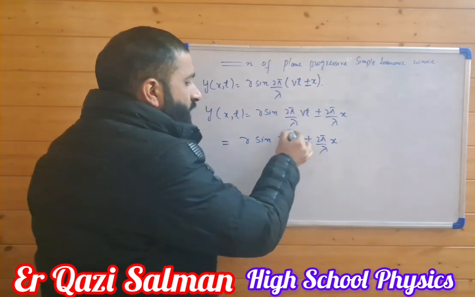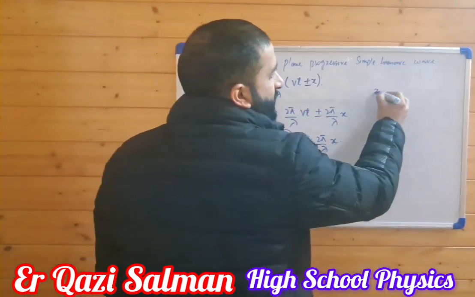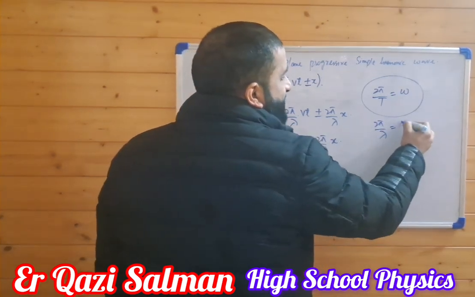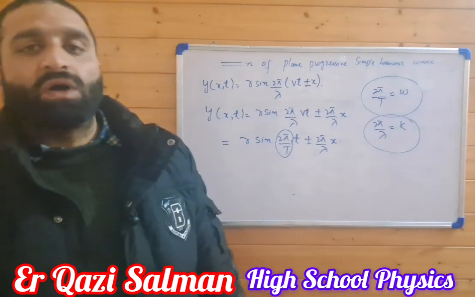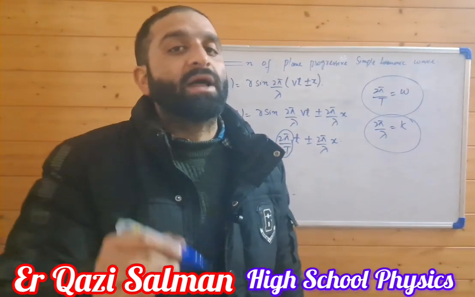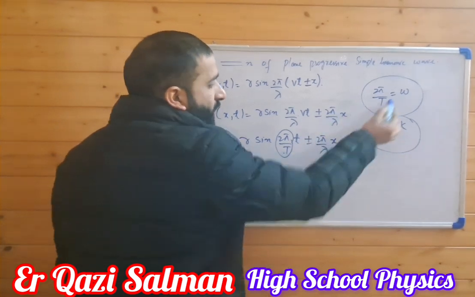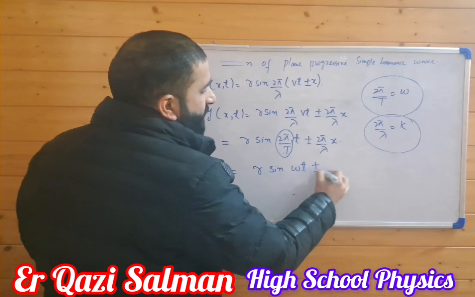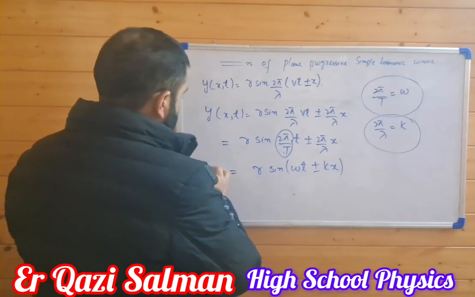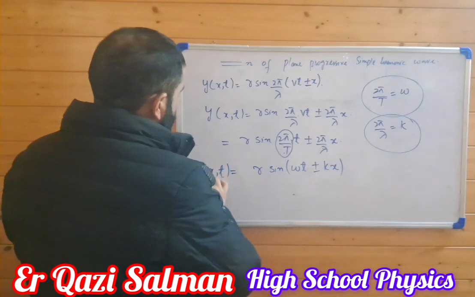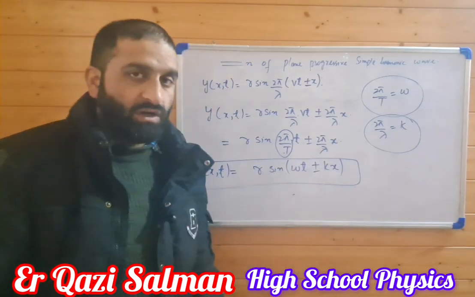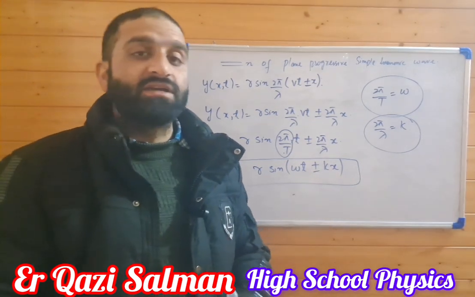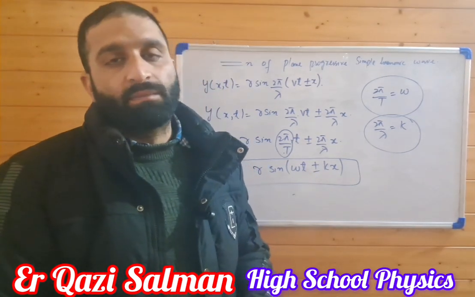Now we know that 2 pi by T is the angular frequency omega, and this 2 pi by lambda is a constant called k. This k is called the propagation constant or angular wave number. So replacing this by omega and this by k, we get the equation as r sine of omega t plus or minus kx. So the general equation of a plane progressive wave can be of this form also: r sine of omega t plus or minus kx, where omega is the angular frequency and k is the propagation constant or angular wave number. Thank you.